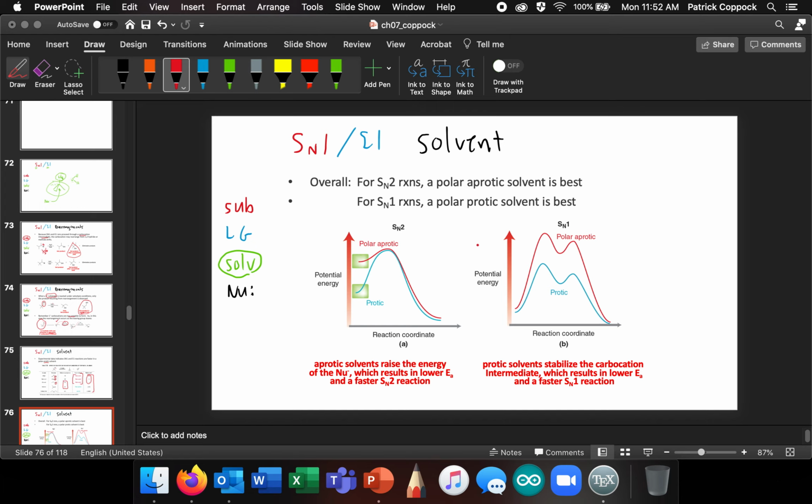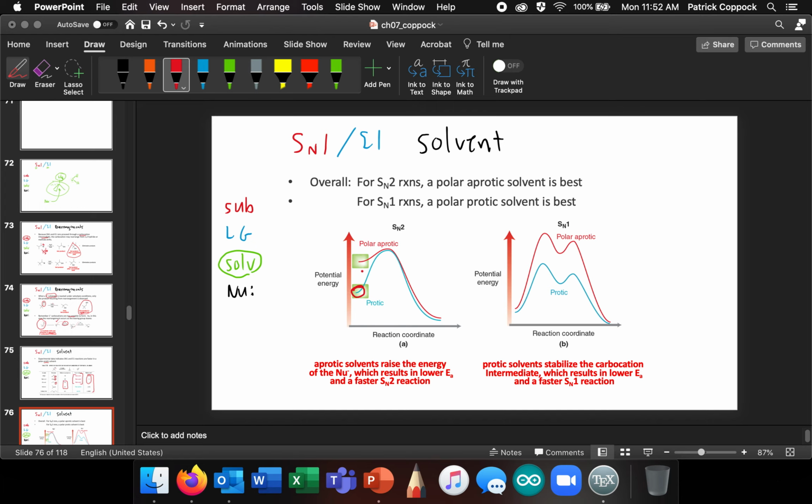Okay, and here's the reason why. The protic solvent stabilizes the nucleophile. So you see how low in energy the nucleophile is here? Let me go back here, I was pointing the wrong thing.